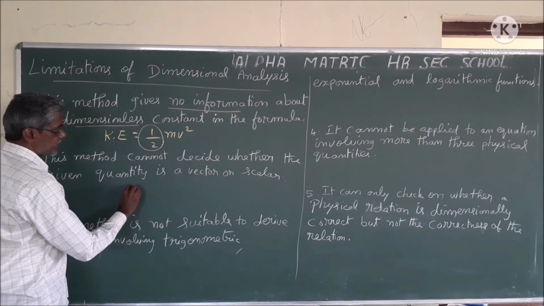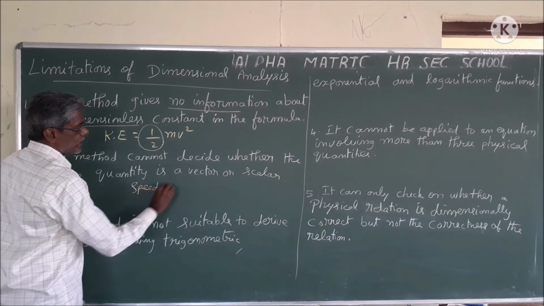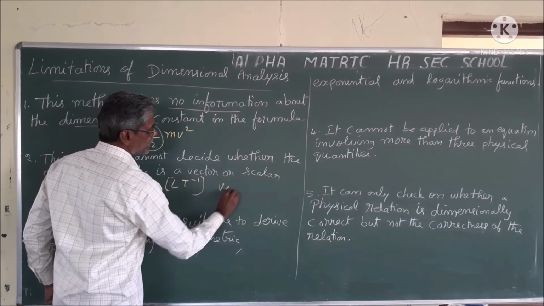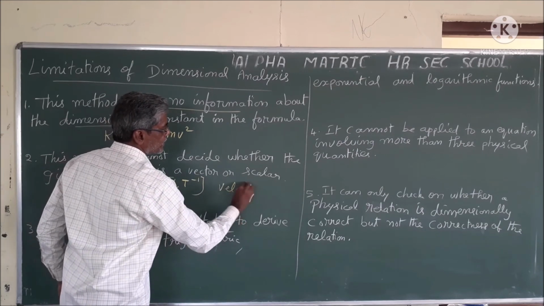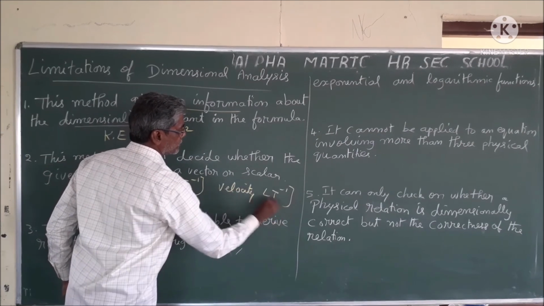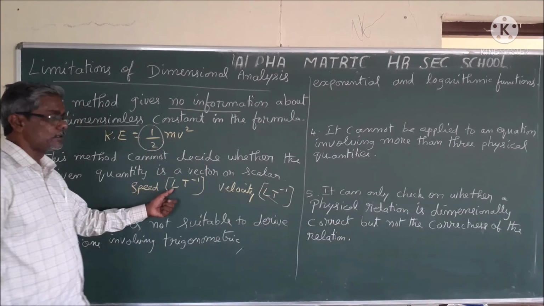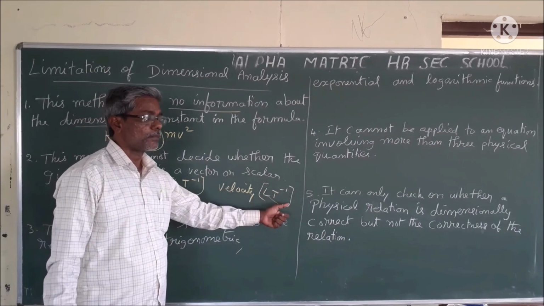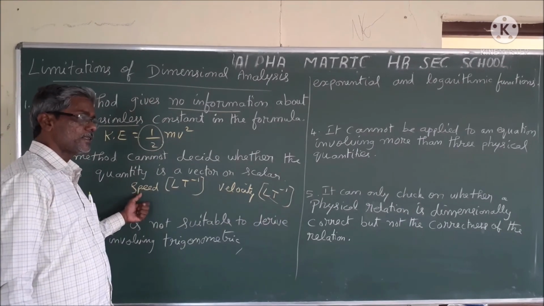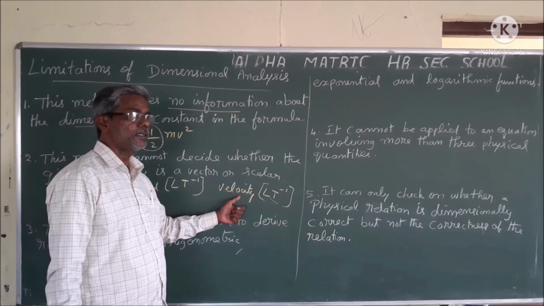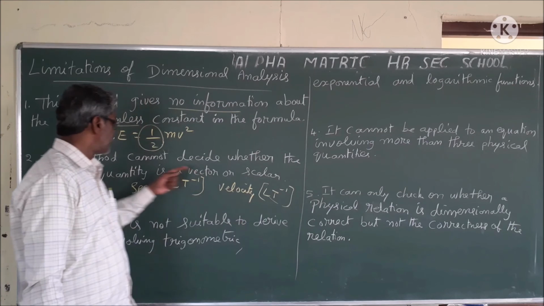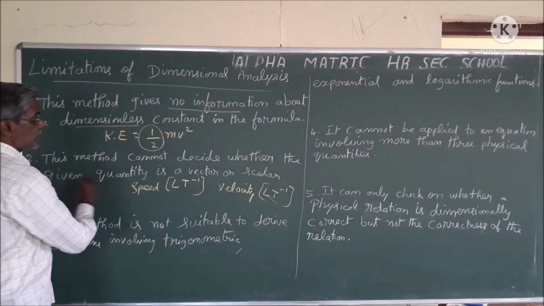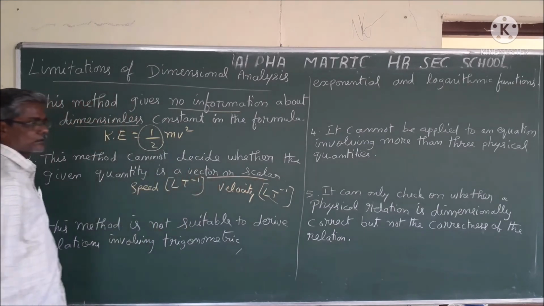For example, speed has dimension L T^-1, and velocity also has dimension L T^-1. Both physical quantities have the same dimension, but speed is a scalar quantity and velocity is a vector quantity. But in dimensions, there is no representation of scalar or vector.